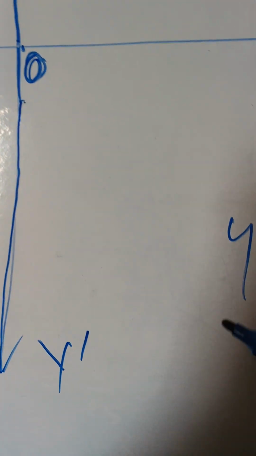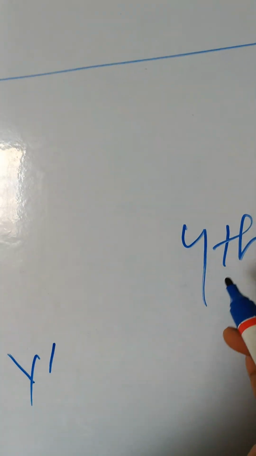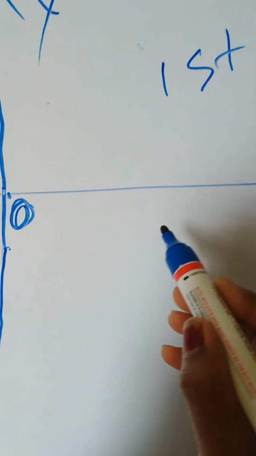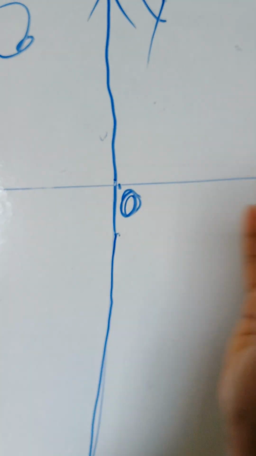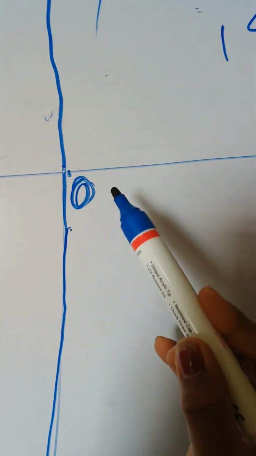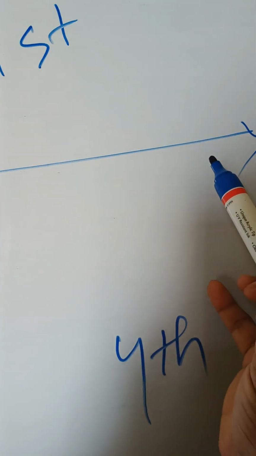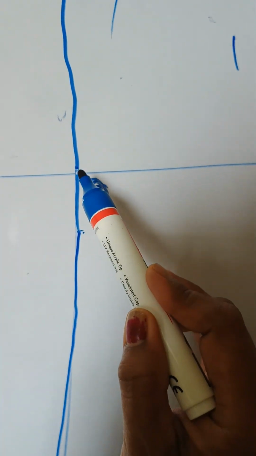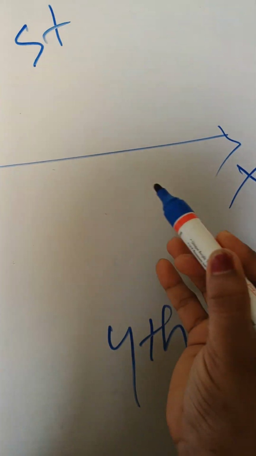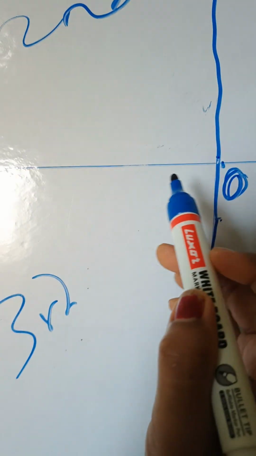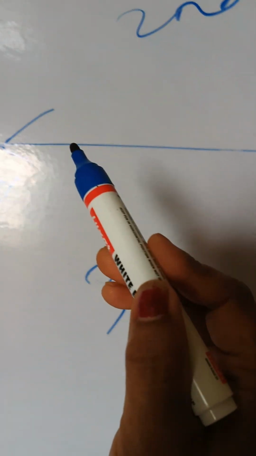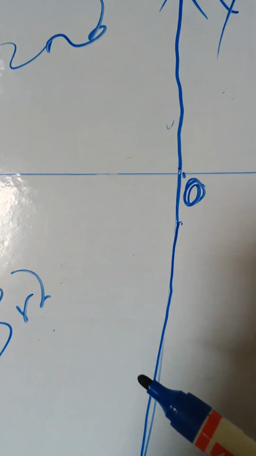So what do these quadrants tell you? You just know one thing, that all the values along the x-axis which lie to the right of origin are all positive, and to the left of origin all the values of x are negative.